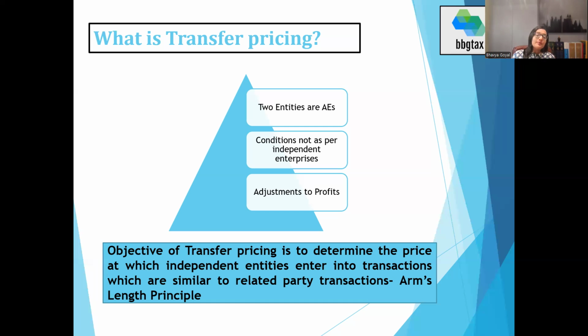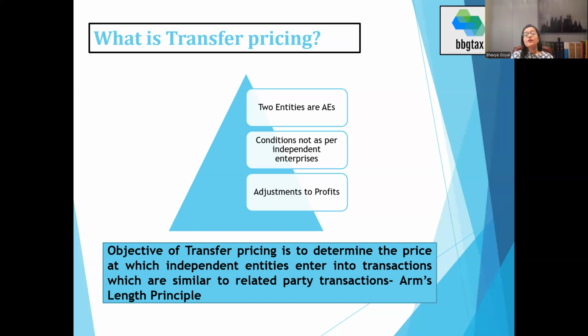The whole concept of transfer pricing is based on this premise, to avoid a multinational company from shifting its profits to a lower tax jurisdiction. And each and every country should get its fair share of taxes.